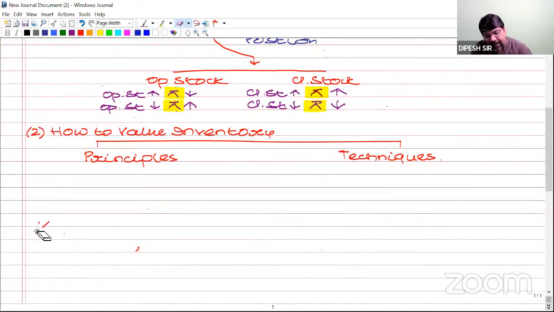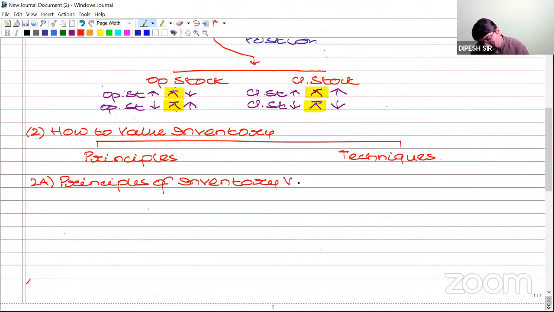So obviously in your mind there is a doubt now. Sir, what is this principles of inventory valuation? And sir, what is this techniques of inventory valuation? No problem, chartered. Now let's start with principles of inventory valuation.